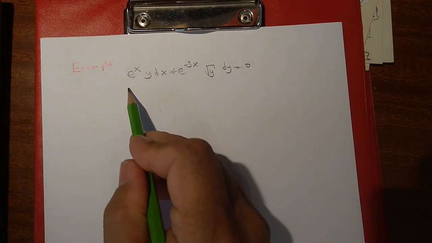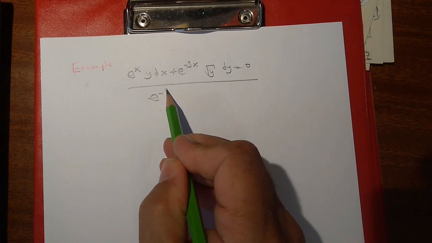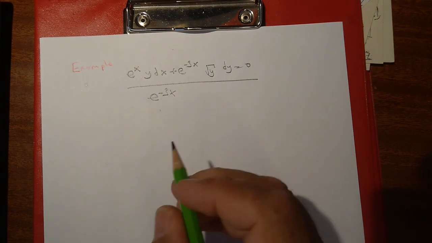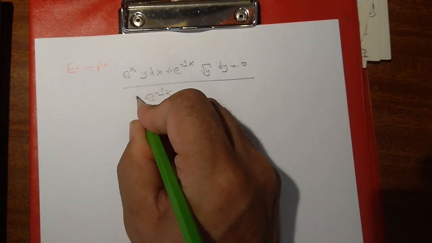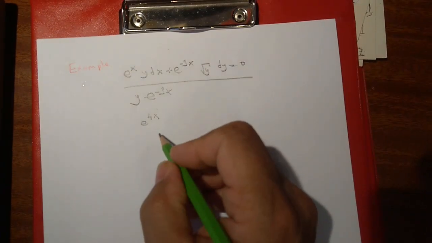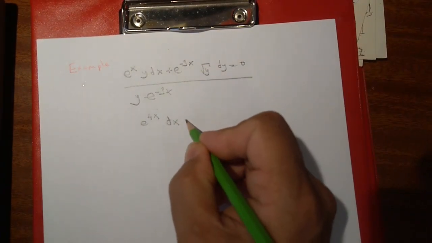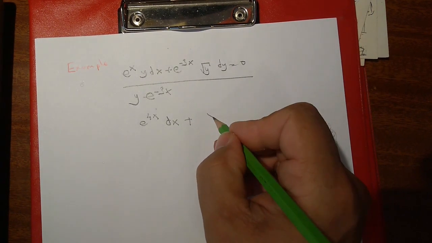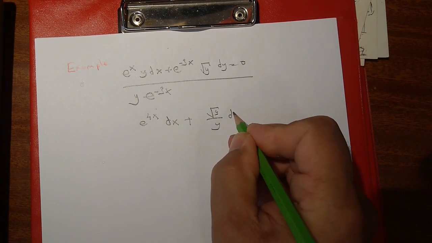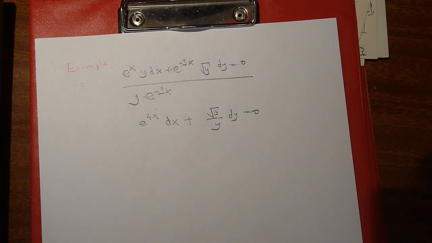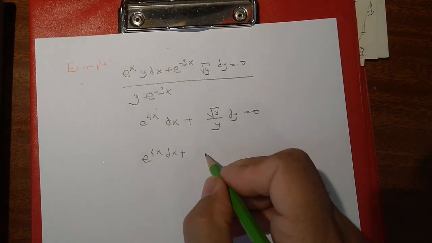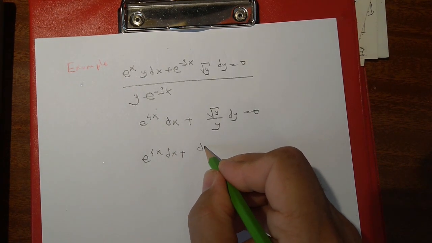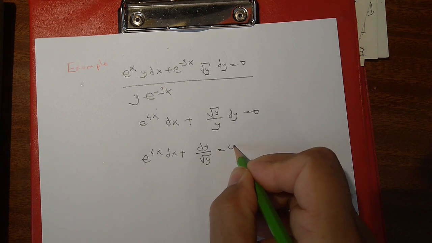So what we do, we divide both sides by e to the power of minus 3x. So what we get here is e to the power of 4x times y, right? We divide also by y. Okay, so dx plus, this cancels, square root of y over y dy. So this gives me dy over square root of y.